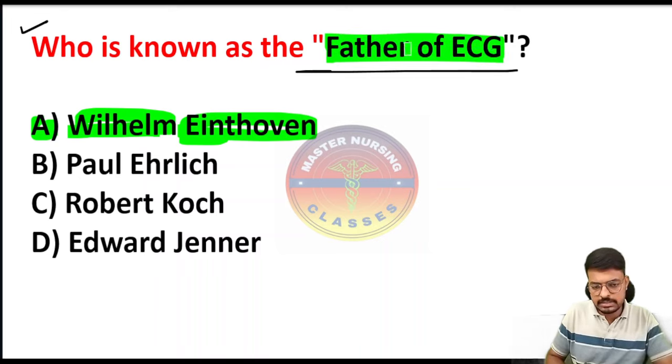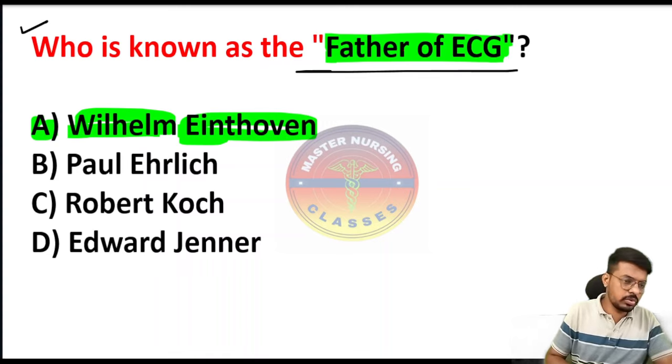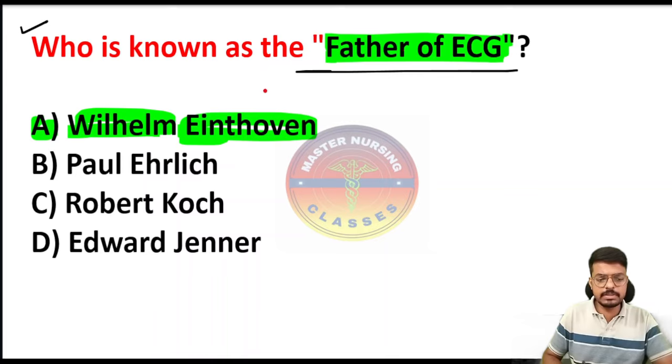Let me discuss the other questions related to this one. The father of ECG is William Einthoven, and all of you have given the correct answer. Then the next question: who is the father of chemotherapy?